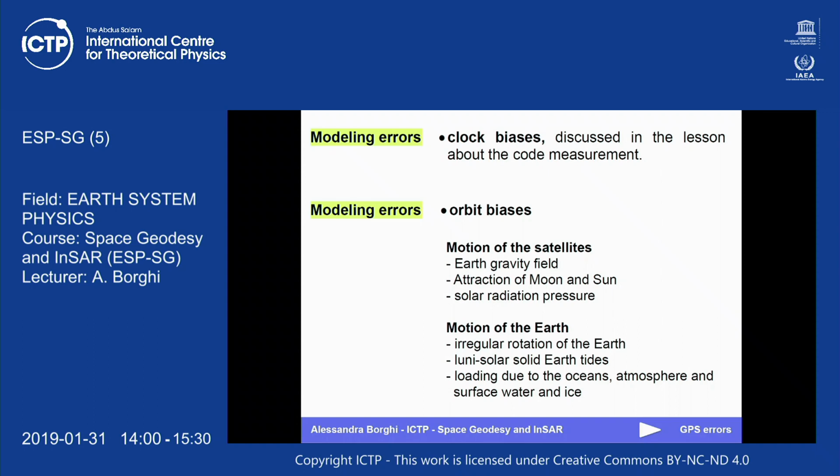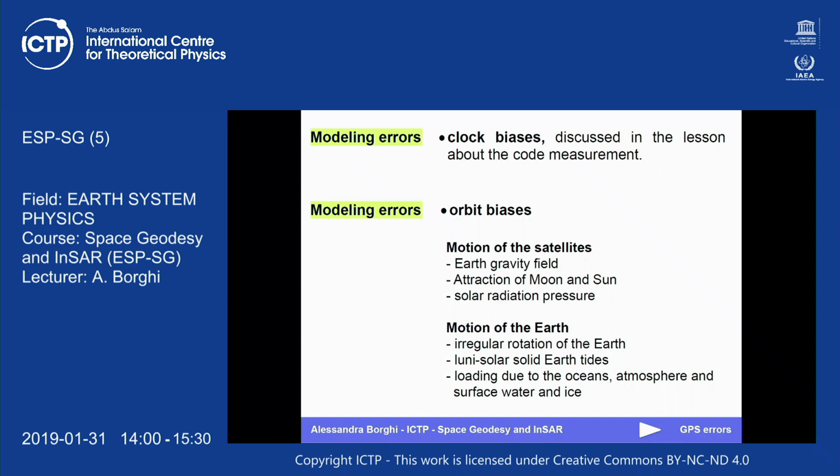In this computation, we suppose we know the position of the satellite, and we do know it, because the GPS signal has been modulated by the D code, the D message, and in this part of the message there are the ephemerides, the parameters that give us the position of the satellite.